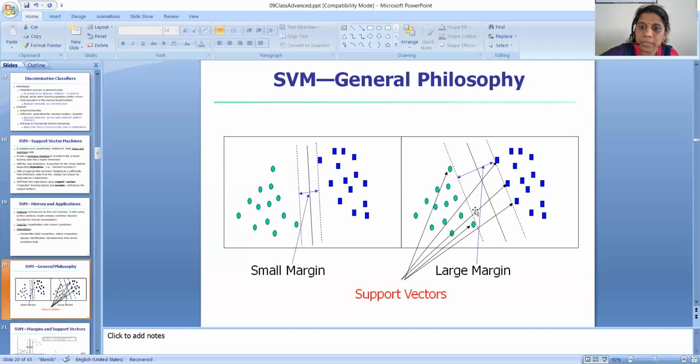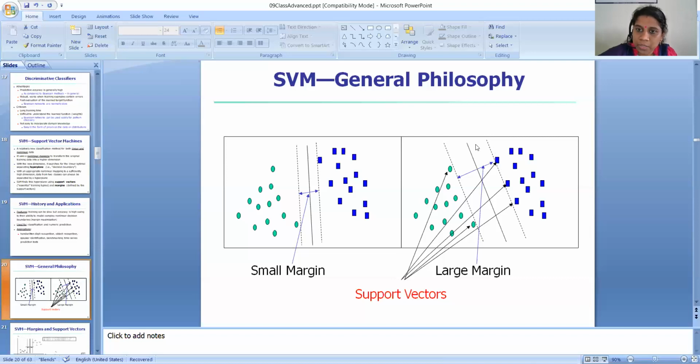So I can call these data tuples support vectors. In this other line also, I'm touching this data tuple and almost this data tuple. So these three I can again call support vectors.